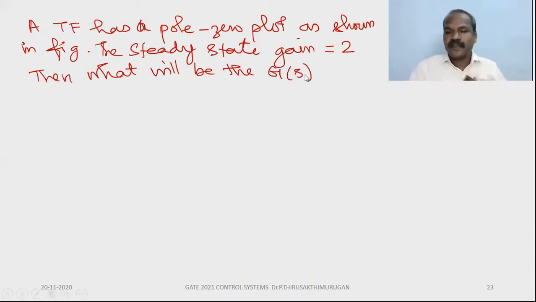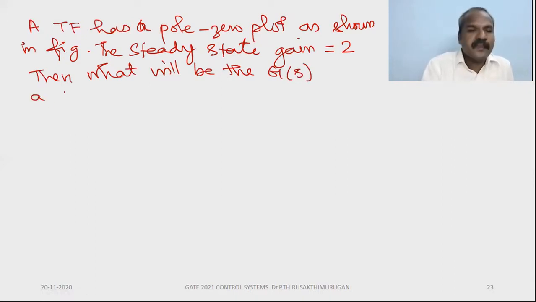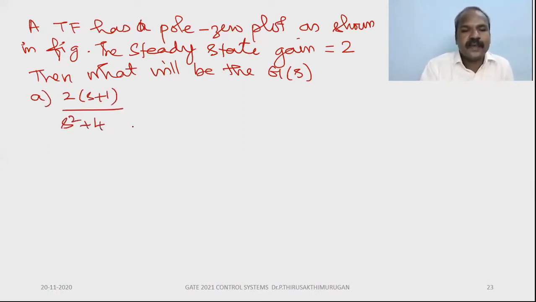What will be the transfer function G(s)? There are 4 options. A: 2 into (s plus 1) divided by (s square plus 4s plus 5). B: 10 into (s plus 1) divided by (s square plus 4s plus 4).